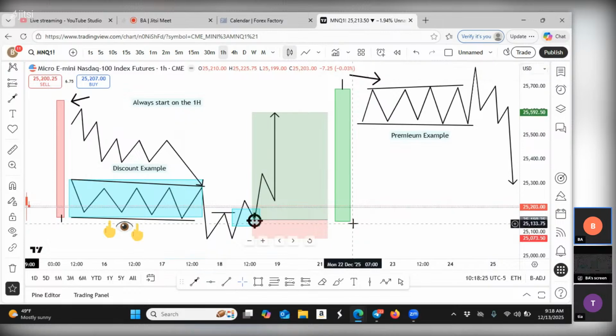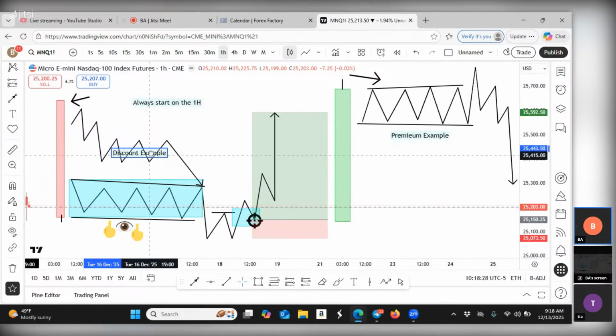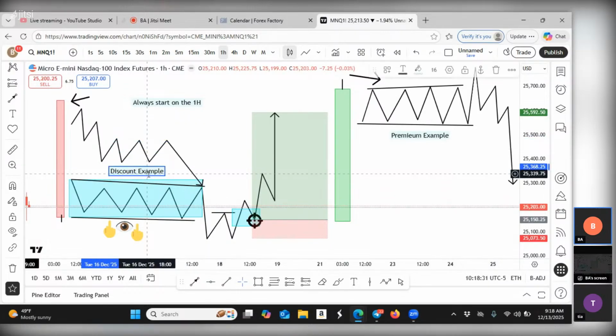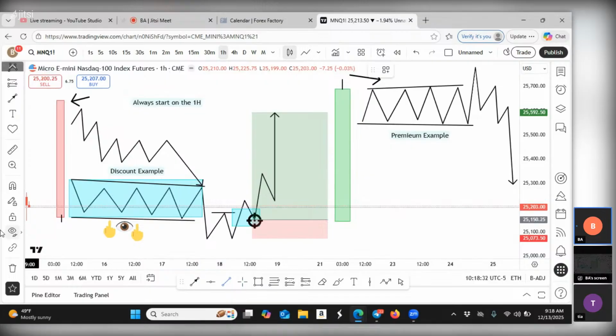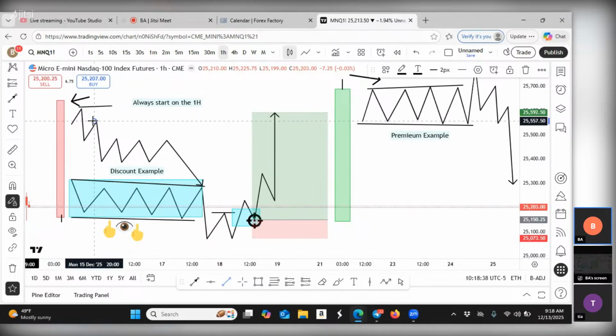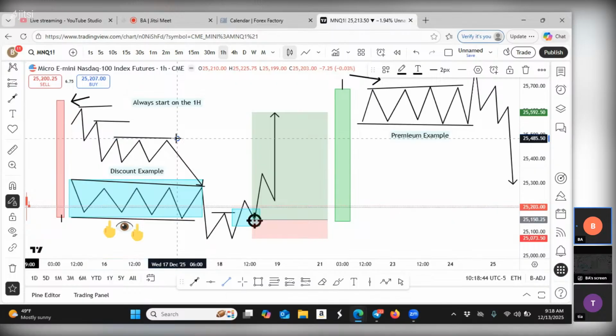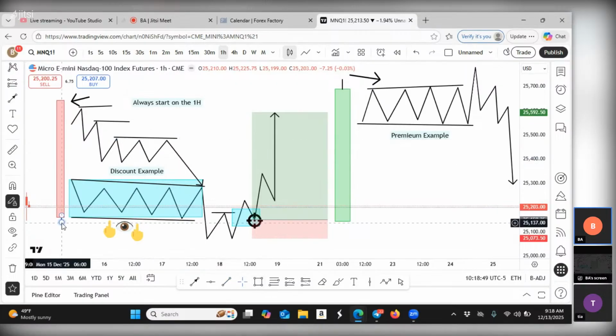So this is the discount example. Let me do it like this so you can just see all these protective stop losses. All that is money. Stop losses, liquidity, all that is just money.